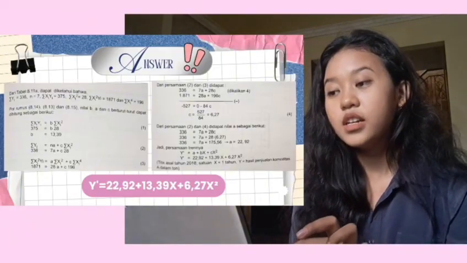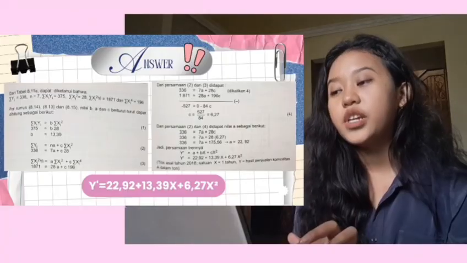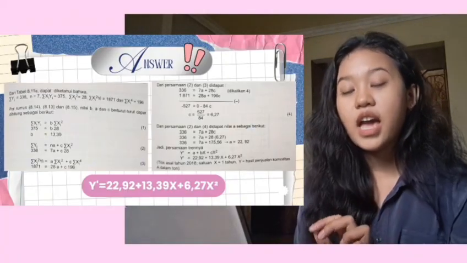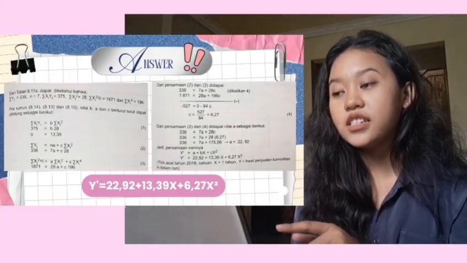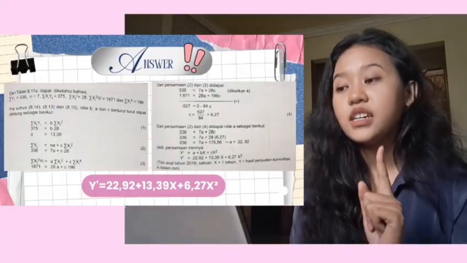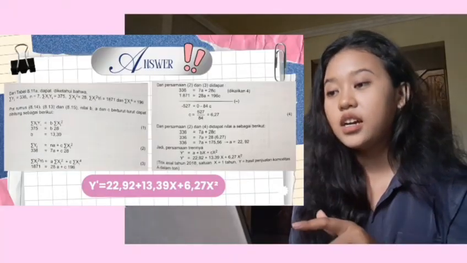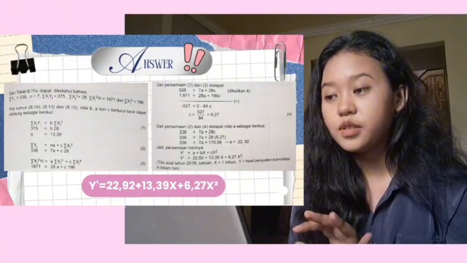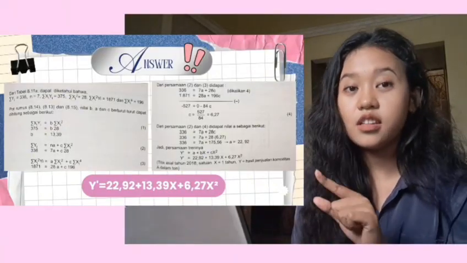So now we will find a and c. We can use sigma yi equals na plus c times sigma xi squared, and we will get 336 equals 7a plus c times 28, because n is 7. But we cannot find a and c right now because they are stuck in that form.